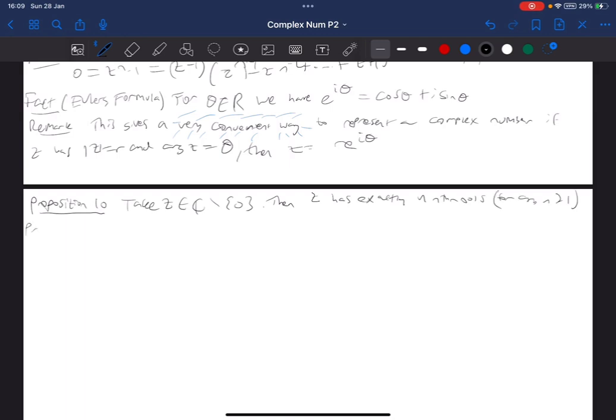So the proof of this thing is not the easiest. So we kind of need to look at a few things. We need to look at, first of all, at least one nth root. So we're going to let the modulus of z be equal to r, and theta being, of course, the argument of z. So z is r e to the i theta by that fact that I stated a moment ago.